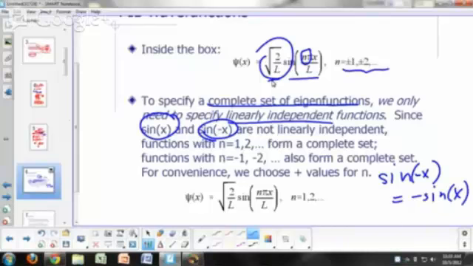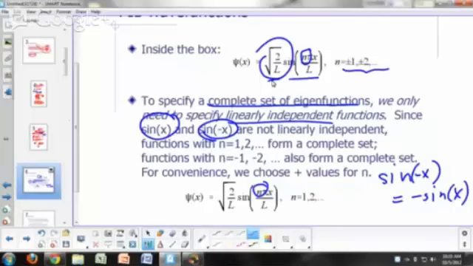So the sine of negative x is just negative 1 times the sine of x. So those two functions are not linearly independent. That's what you get if you put n equals 1 and n equals negative 1. A function with n equals 1 and a function with n equals negative 1 will not be linearly independent.